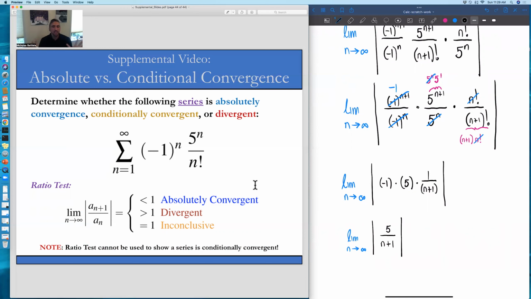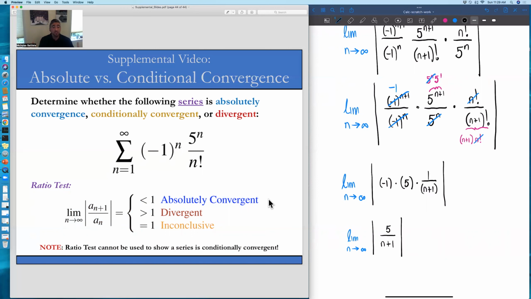And now let's just take a pause for a second, because what we want to know is the outcome of this limit. Depending on this outcome will tell us whether this series is absolutely convergent or divergent, or if we've applied the ratio test when we shouldn't have, so-called getting an inconclusive result. If this limit is less than 1, that tells us the series is absolutely convergent.